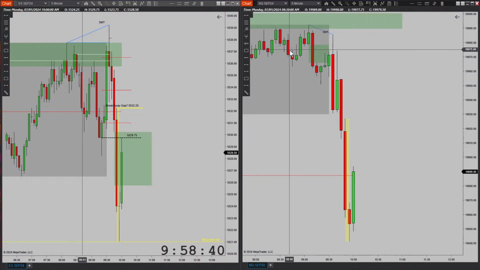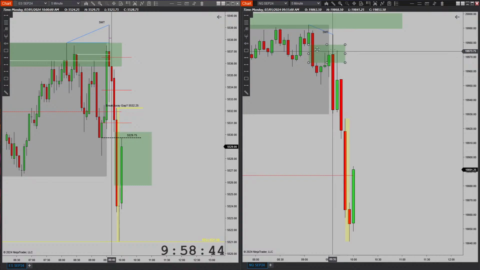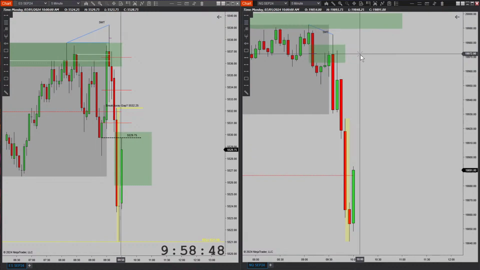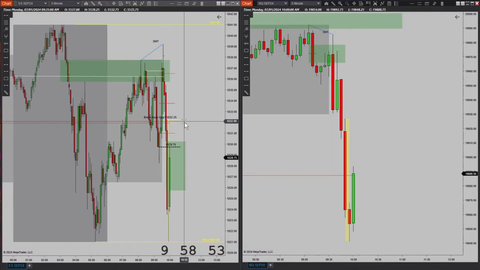You see how price traded into it? But notice the bodies. Notice how the bodies are not closing above 50% of the range. I probably should have taken this one, but I like trading ES.